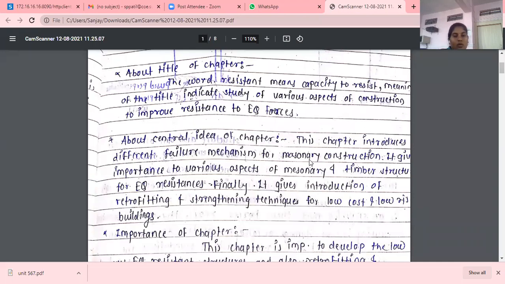It gives importance to various aspects of masonry and timber structure for earthquake resistance.